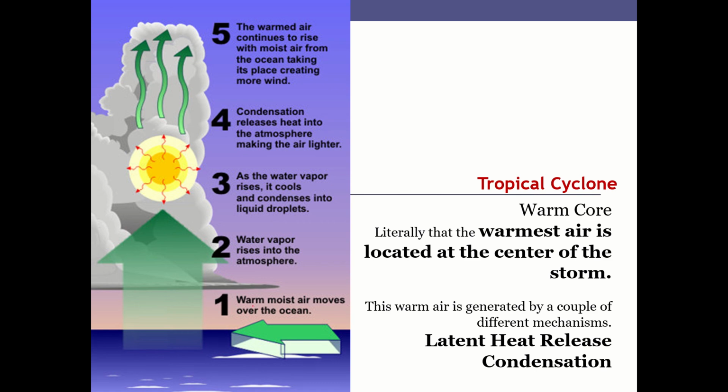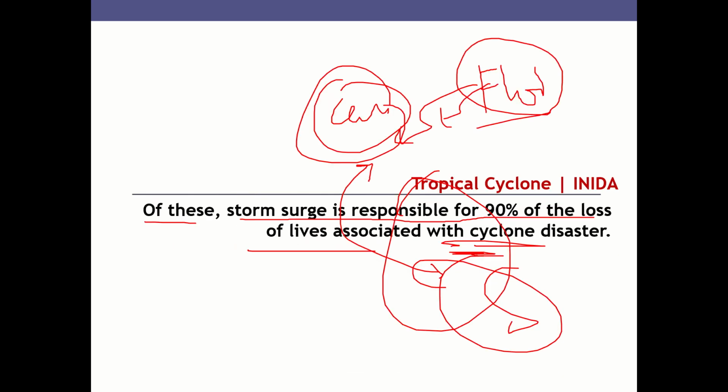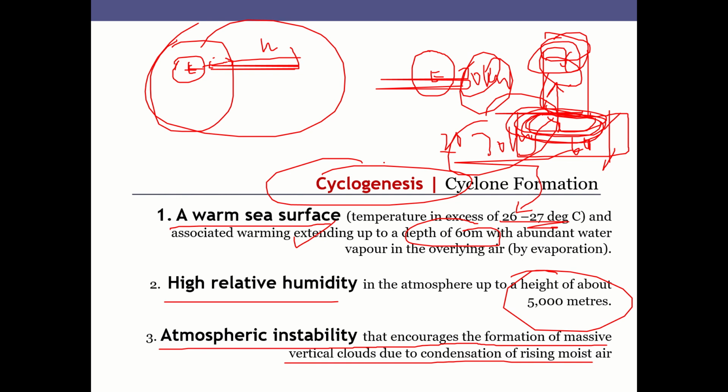The warm moist air moves up, water vapor rises into the atmosphere, and some of it cools down, and then condensation again takes place, and further air rises up. Okay, so this is what happens during the formation of a cyclone.